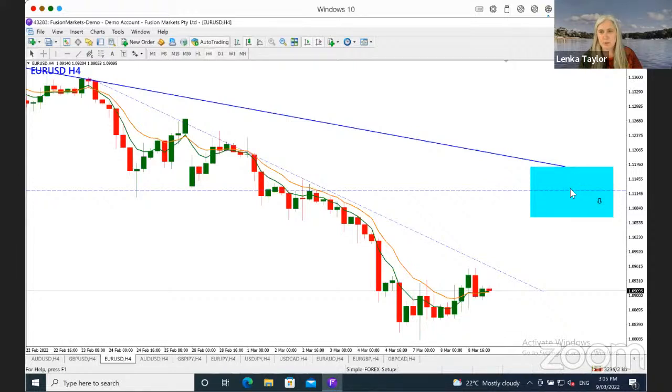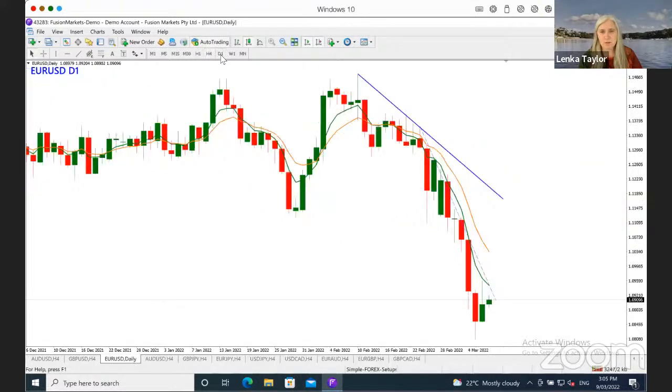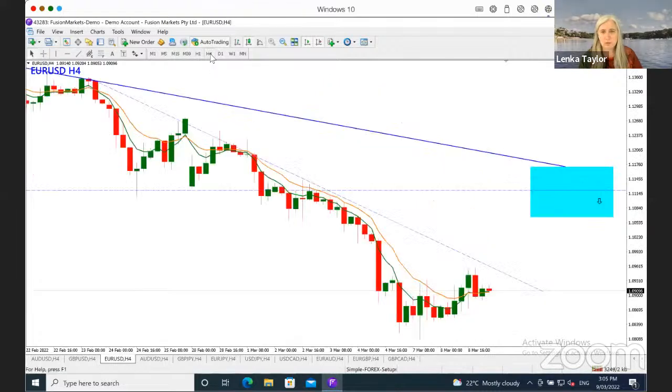Otherwise, looking for a pullback in this entry zone just near the previous high there and also the trend line. The trend line is from the D1 time frame. So looking for short opportunities. Let's just watch the price action and see if it continues to go up. That's fine. Just waiting for the reversal higher up.